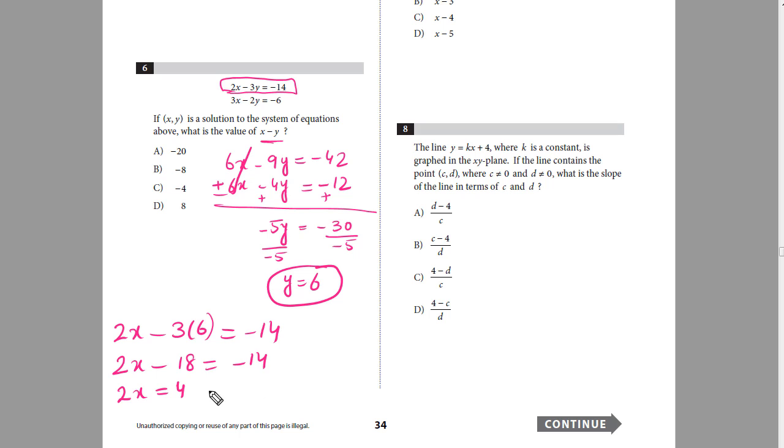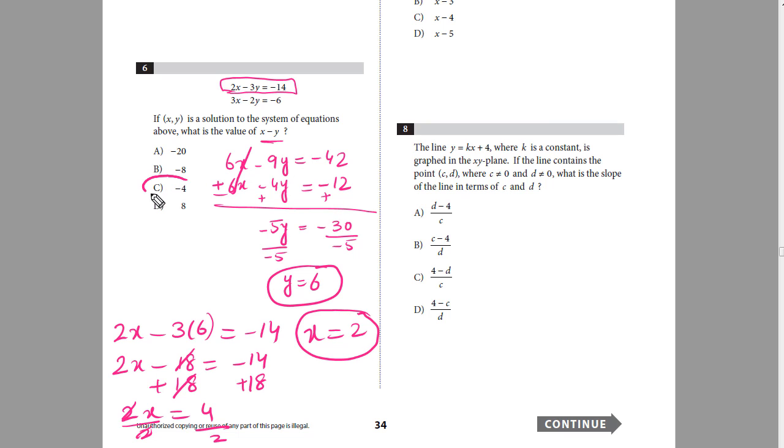So 2x will become equal to 4. Now I will divide both sides by 2, and my x will become equal to 2. Now I have to take their difference, so x minus y is 2 minus 6, that will be minus 4. So option C is the correct option.